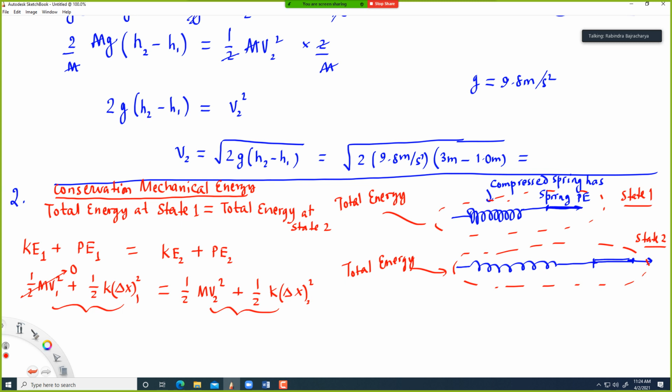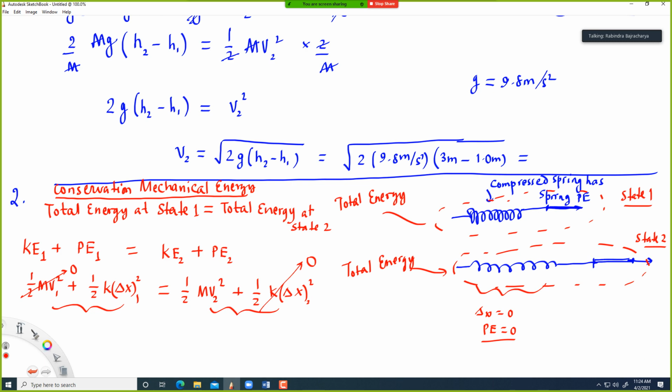When it's in equilibrium state, it's no more compressed, it will have its original length. So here the spring will have no spring energy. Delta x is 0, no more stretched or compressed. So that means potential energy is 0 for the released spring. Only the compressed or stretched springs have potential energy.